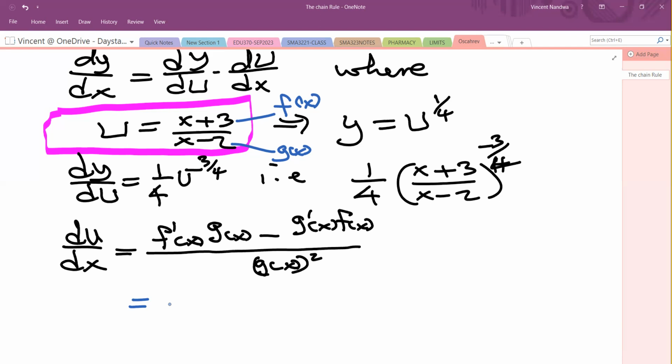Which constant? Inabaki hivyo. Hizi baki hivyo. Inakuwaje?